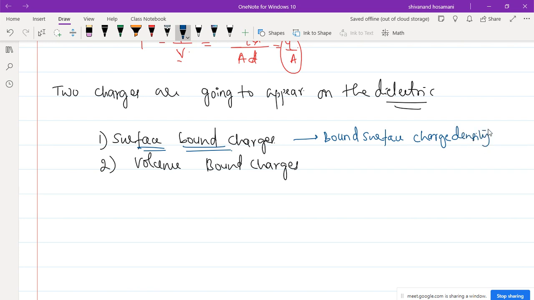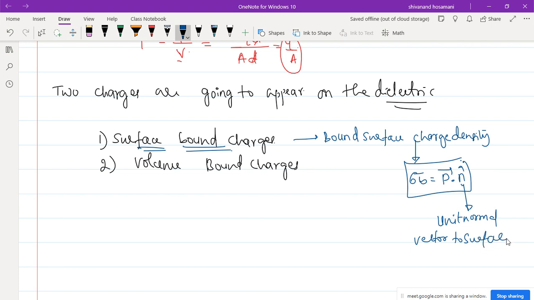This bound surface charge density is given by sigma b is equal to p vector dot n cap. Here n cap is nothing but a unit normal vector to the surface. So we call them surface bound charges.